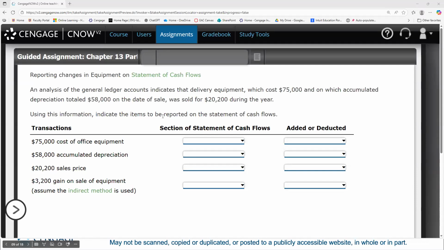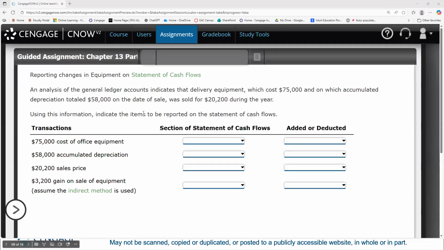So does the $75,000 that we paid for this show up on our statement of cash flows? And this is a little confusing because it would have showed up back when we paid it, but we're talking now about reporting the sale of the equipment. Okay. So what we paid for it is not going to get reported now. Doesn't matter what we paid.